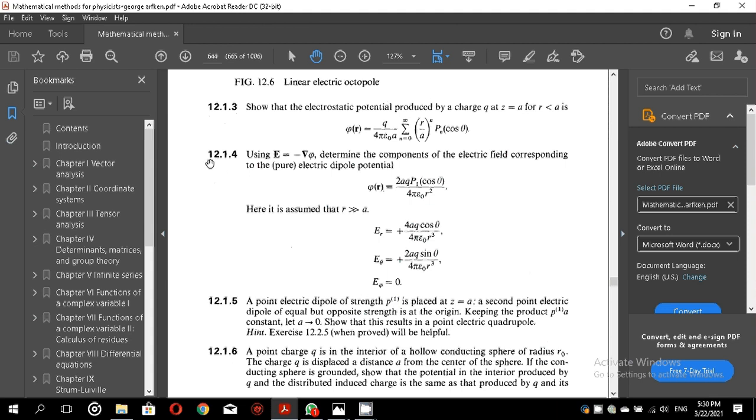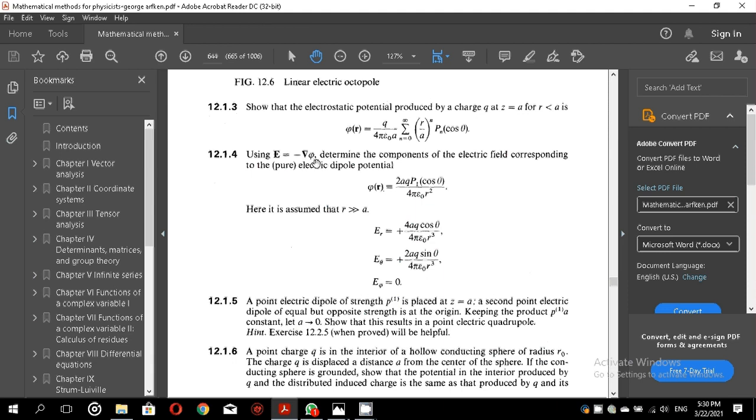I would also suggest that you solve the exercise 12.1.4, and this is the same thing I mentioned just before, that electric field intensity is to be evaluated once you know the potential by this expression, that electric field intensity is minus gradient of phi.